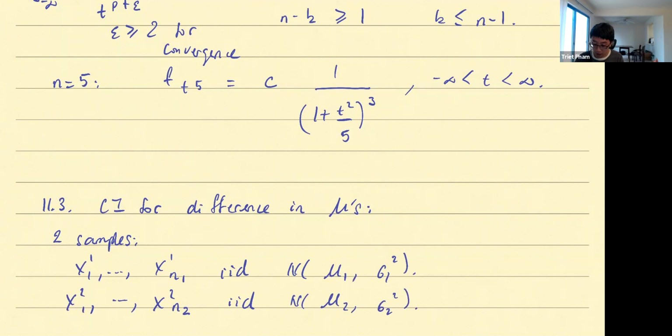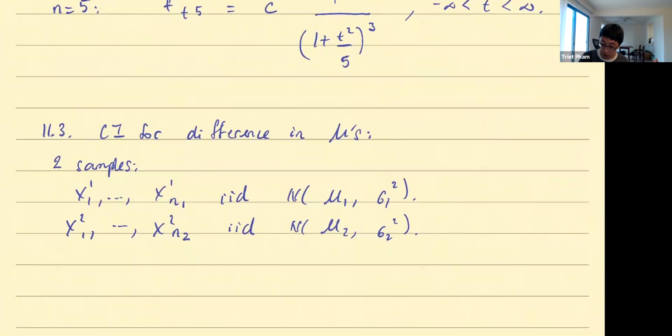So the question is, find a 1 minus alpha confidence interval for mu1 minus mu2.